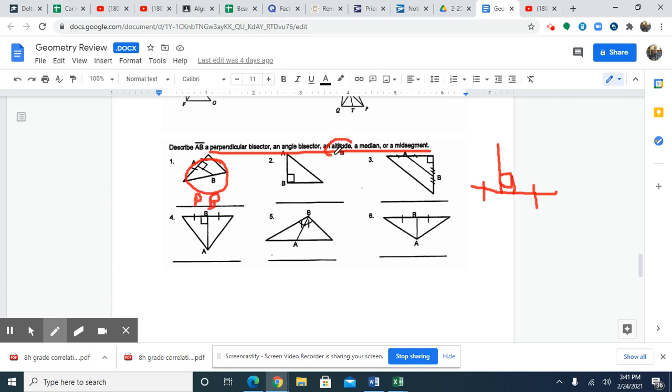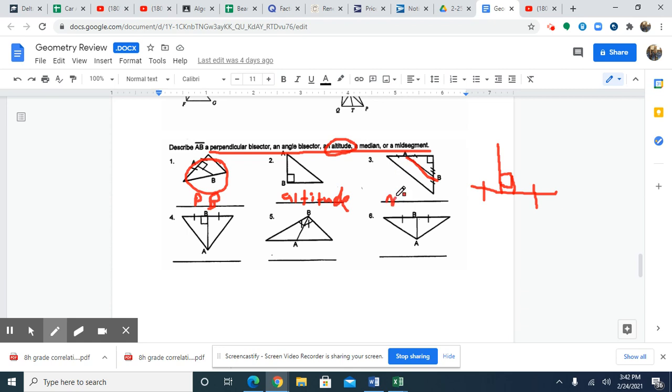When we have an altitude, we're talking about the highest to the lowest part of the triangle that creates a 90-degree angle. In this case, 2 is an altitude. Then we have a mid-segment. A mid-segment would be an example of 3, where we have a line going through the middle of the triangle and splits both of those into 2 equal parts.